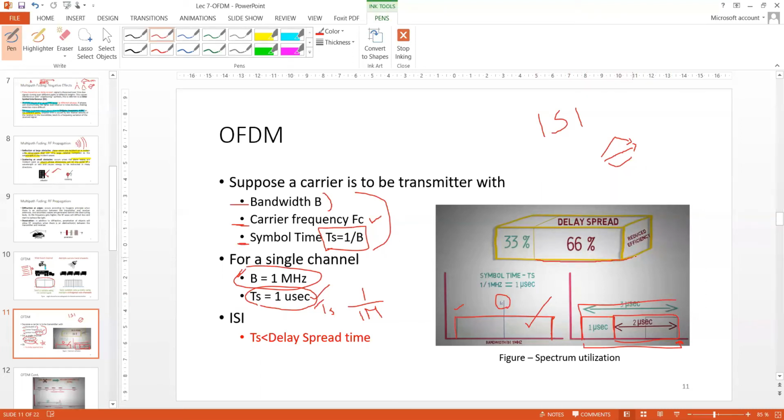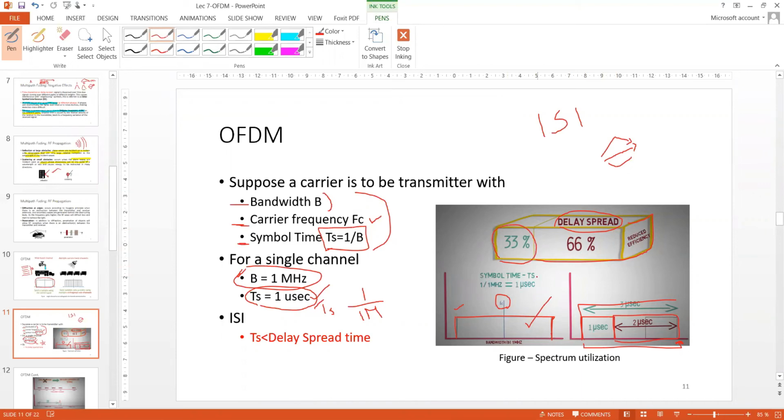Approximately 66% of your spectrum is underutilized in order to overcome inter-symbol interference by the concept of delay spread. Only 33% of the spectrum is efficiently utilized. The remaining 66% is not utilized.